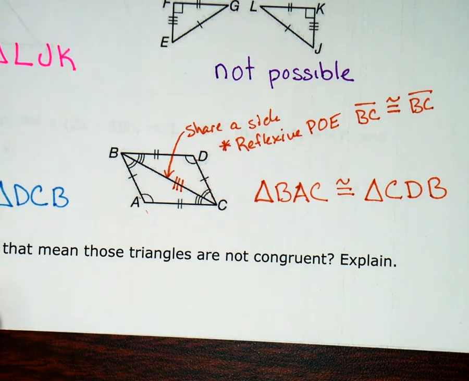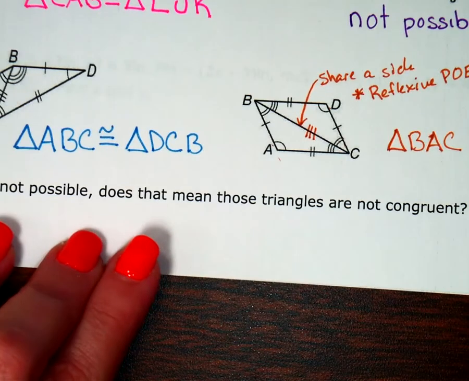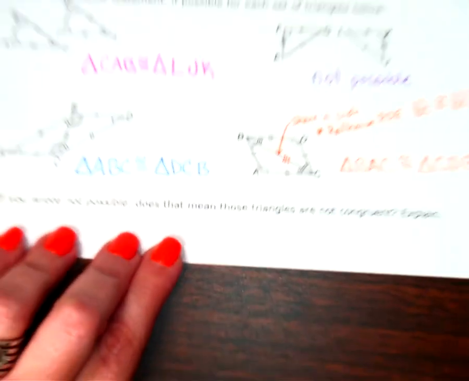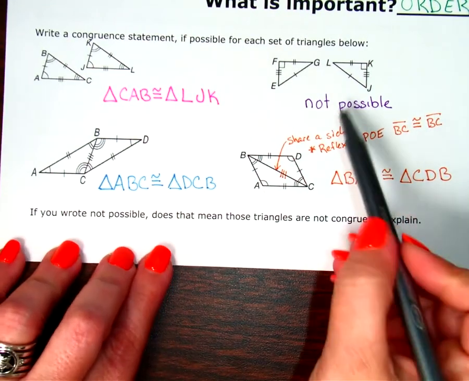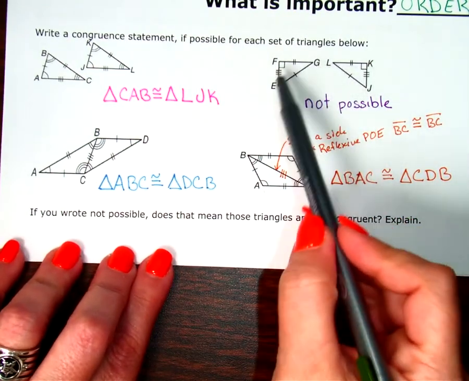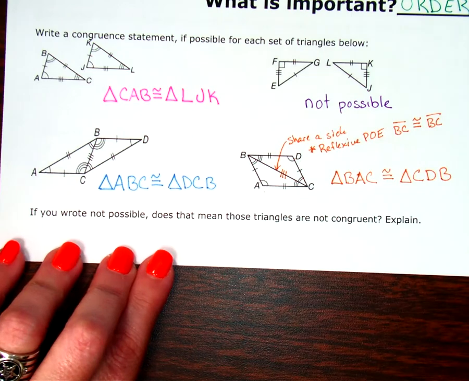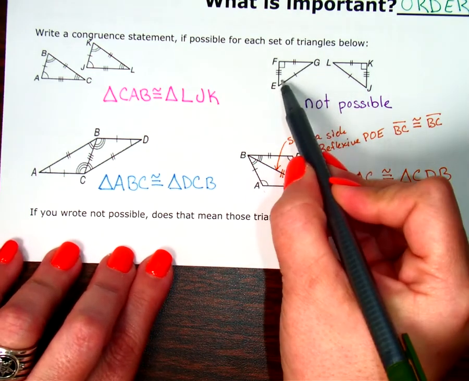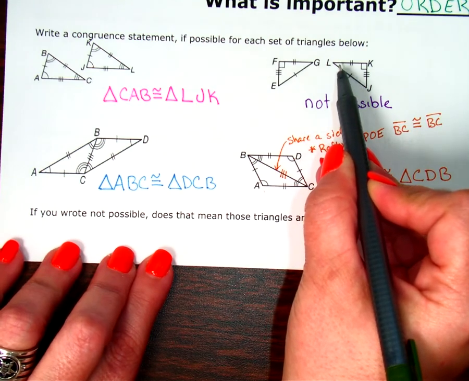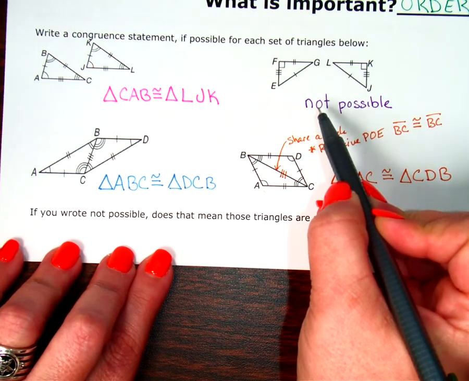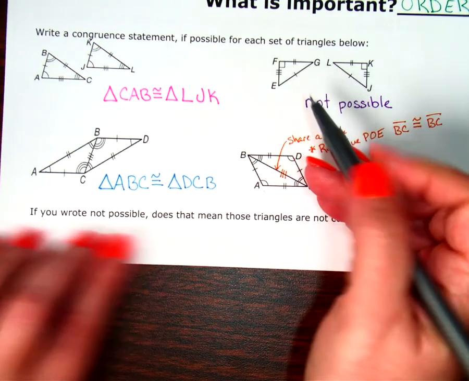Now, I do have a question to ask though. If you chose not possible, does it mean that these 2 triangles are not congruent? Could they be congruent? Could this angle be the same as this one? Yes. Could this angle be the same as this one? Yes. So just because we said it's not possible doesn't mean they're not congruent.